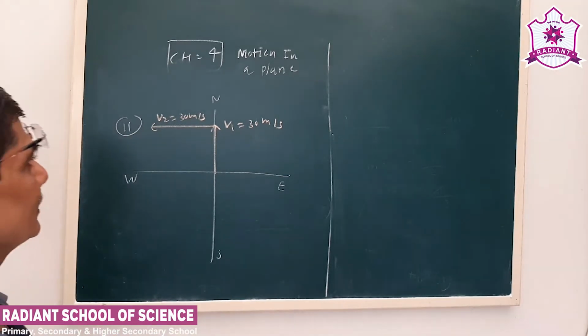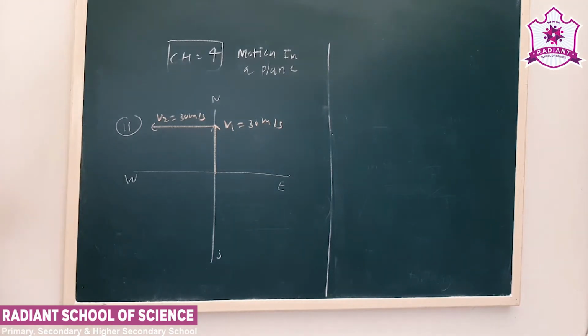As I told, change in velocity will be v2 minus v1. For that, v2 is there, and we have to take the opposite of v1, that is minus v1.